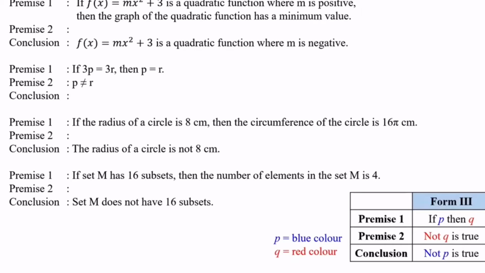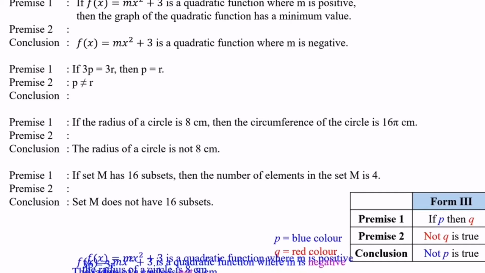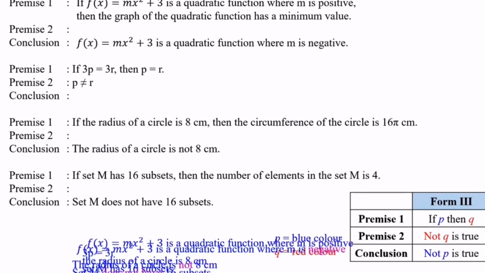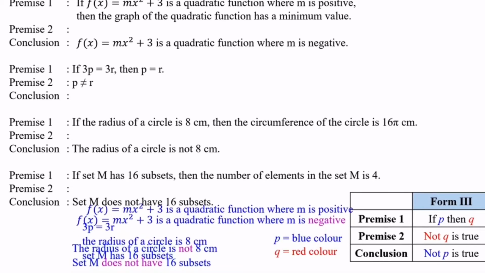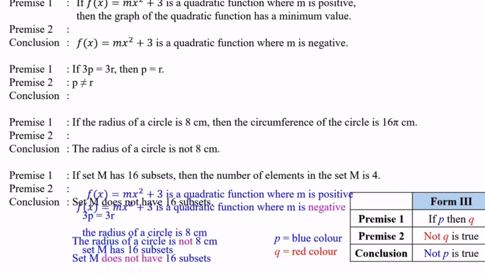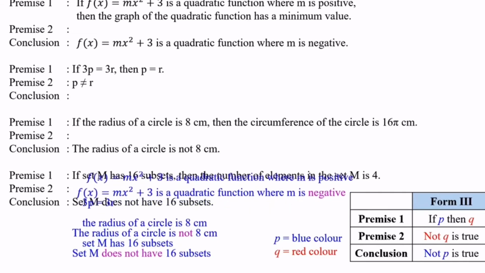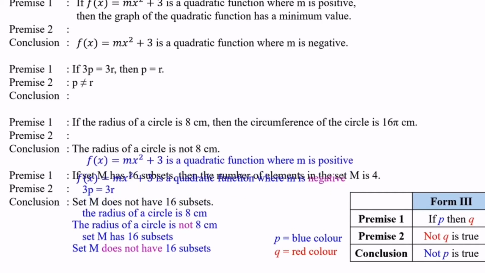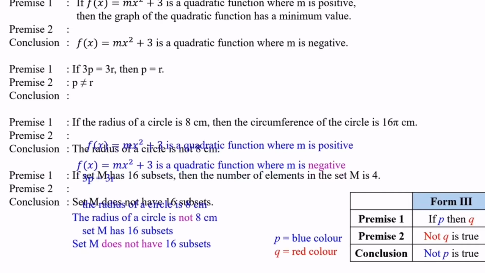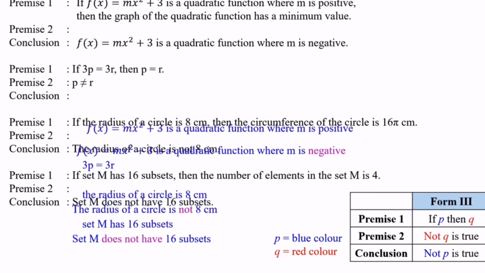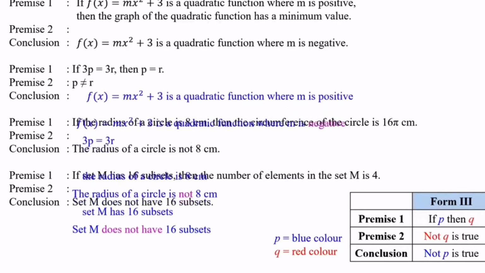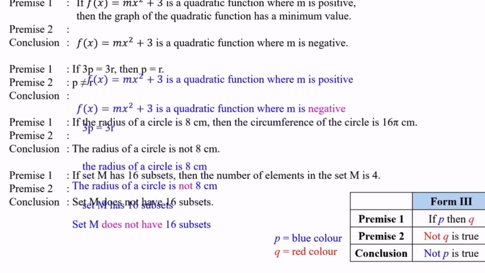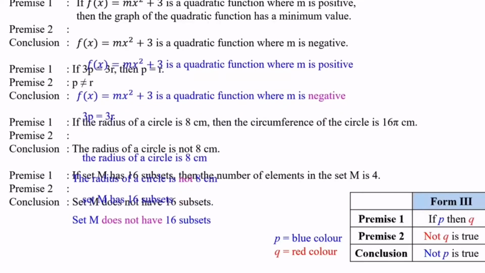For premise 1, you have: if f(x) equal to mx squared plus 3 is a quadratic function where m is positive, then the graph of the quadratic function has a minimum value. You're asked to write down premise 2, and they give you the conclusion: f(x) equal to mx squared plus 3 is a quadratic function where m is negative.